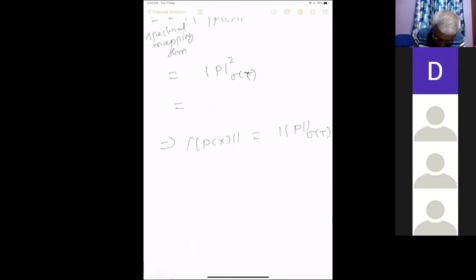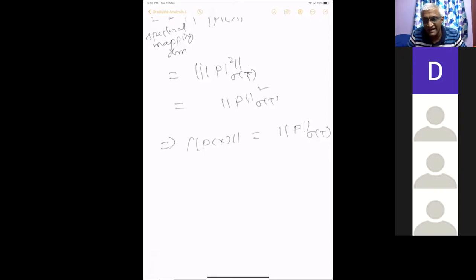This is the same as the norm of this. |p|^2 is a polynomial, and I want to take its norm over this, and that is the same as |p|^2 over sigma.